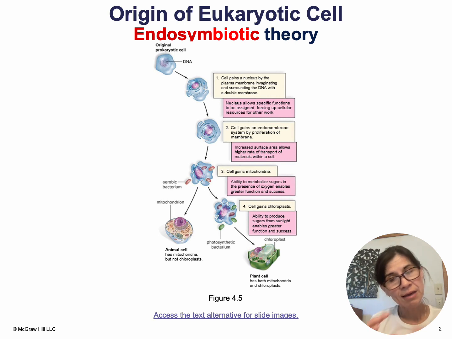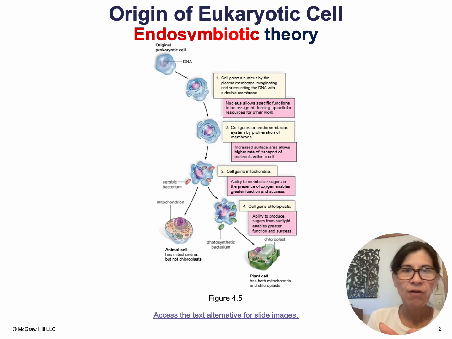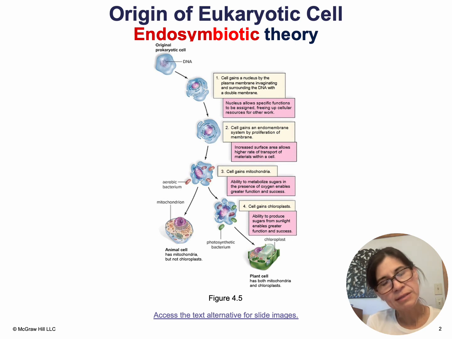That's how they think the membrane-bound nucleus evolved. And then from there, other small prokaryotic cells, you can see here it says aerobic bacterium, a little bacteria that used oxygen, pushed inward into that cell, and another photosynthetic one pushed inward, and that could have evolved the animal cell and the plant cell.